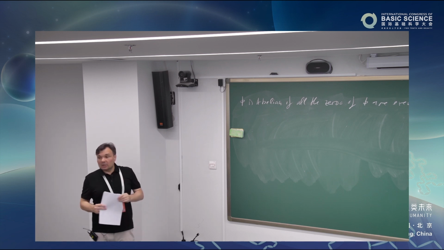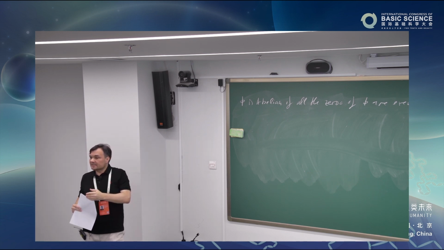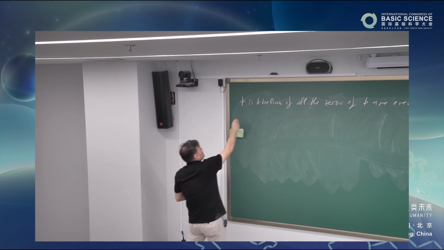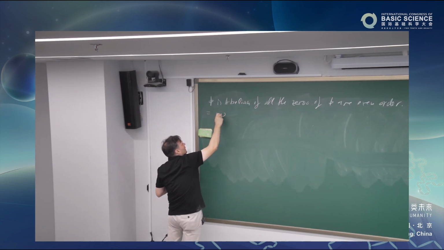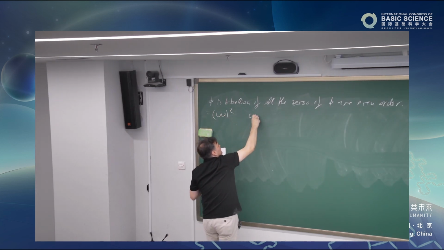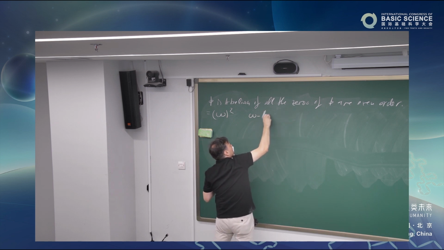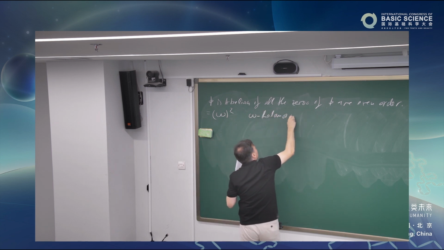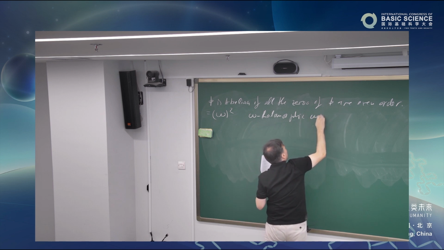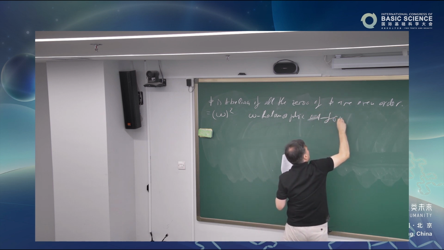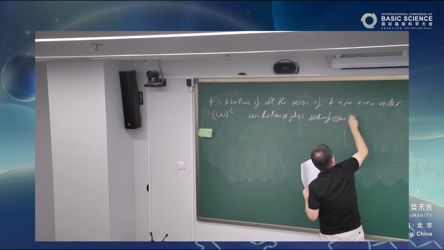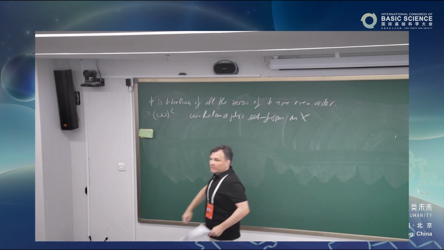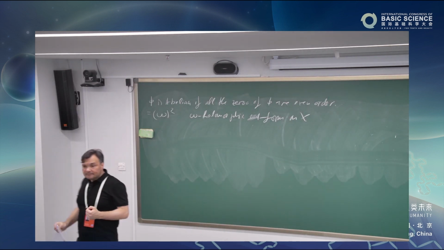Okay, but in particular, the most important examples are those quadratic differentials which arise as squares of abelian differentials, that is, holomorphic one-forms on X. So if you take a one-form and square it, you get the quadratic differential.